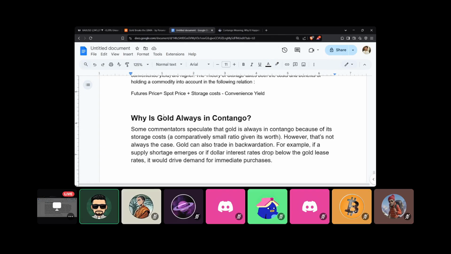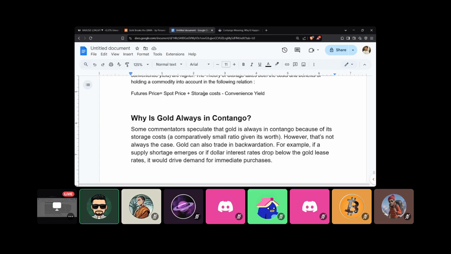So today's video would be around backwardation, but we have to consider why gold is always in contango, right? Some commentators speculate that gold is always in contango because of its storage cost. As I discussed earlier, storage costs for gold are a comparatively smaller ratio given its worth.